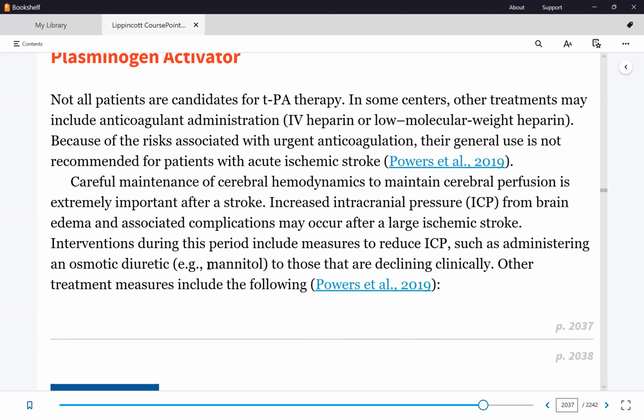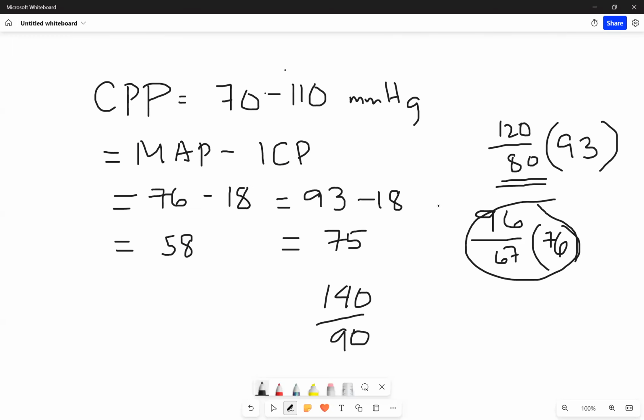Regardless of the type of diuretic though, what is the effect of a diuretic on blood pressure? It will lower it. So knowing what you know now about CPP, before you administer mannitol or any diuretic, what should you monitor first?